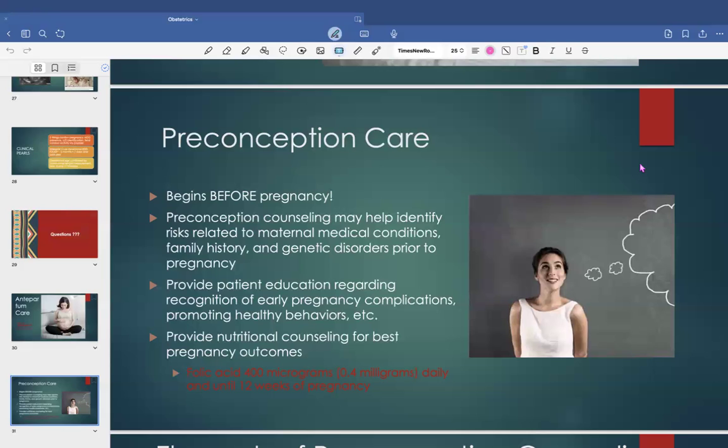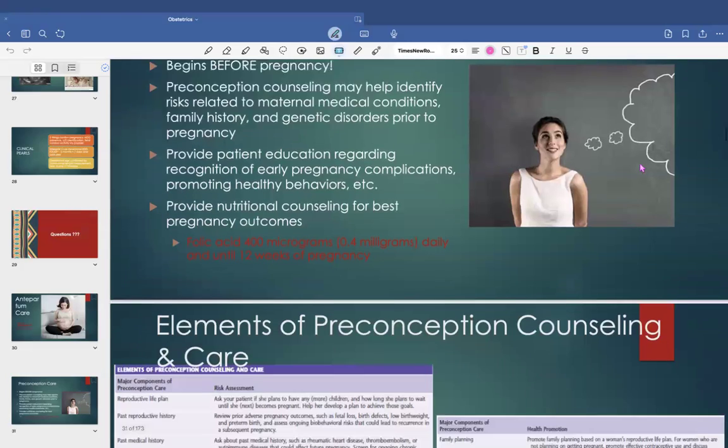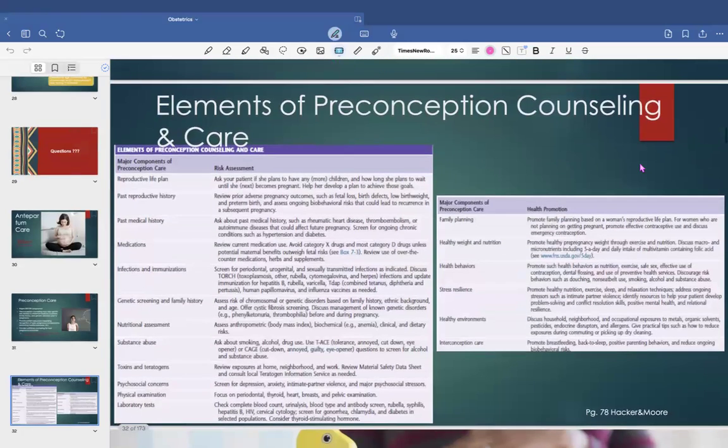Most of this lecture was from the Hacker and Moore book. I've had to go back through Current and redo some stuff, but I did leave this in here because it gives some good counseling things you can talk about with your patients. This is for you to take with you when you go to your women's health rotation.